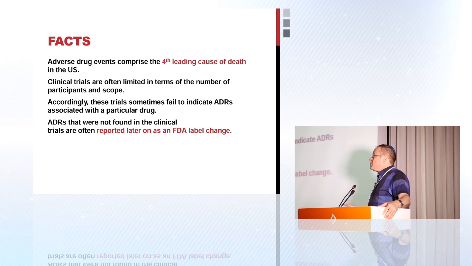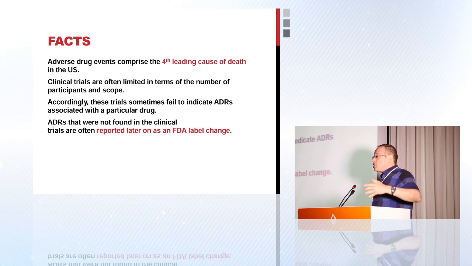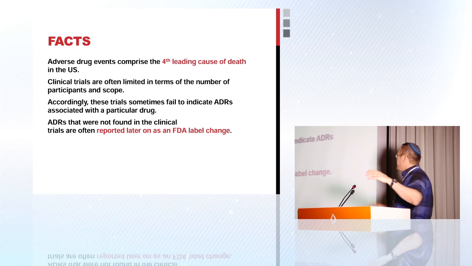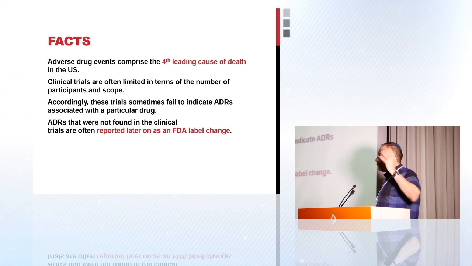The FDA is usually very late to change the label. You know, this pamphlet that you get, if you actually read it, you'll usually get a heart attack just from reading how many bad things can happen to you if you use the drug. So probably most people don't even read it.